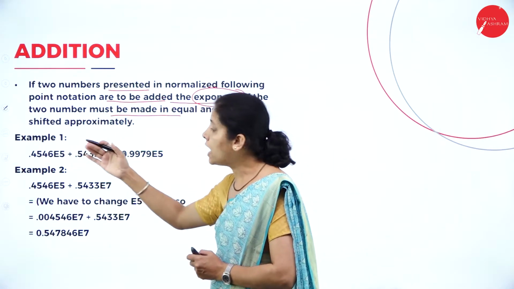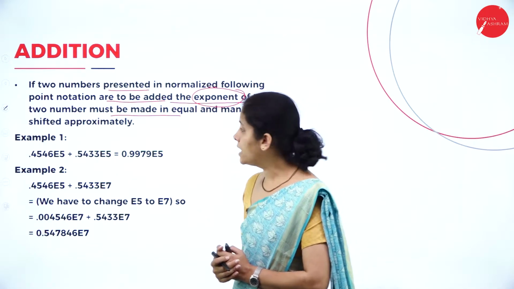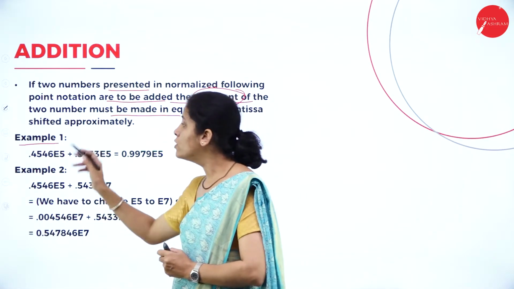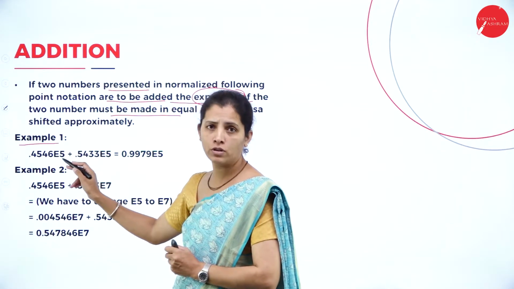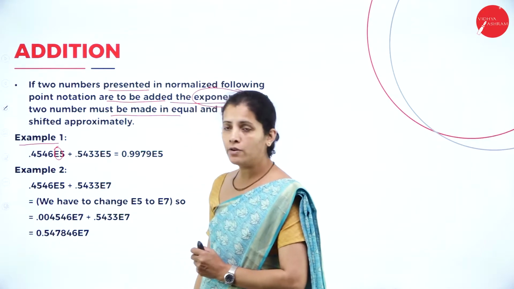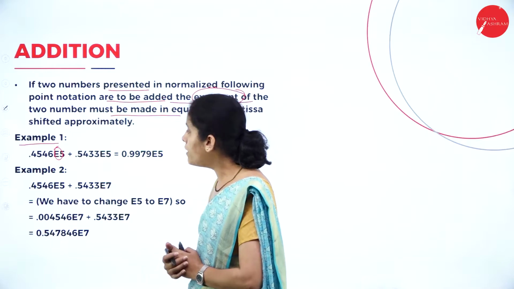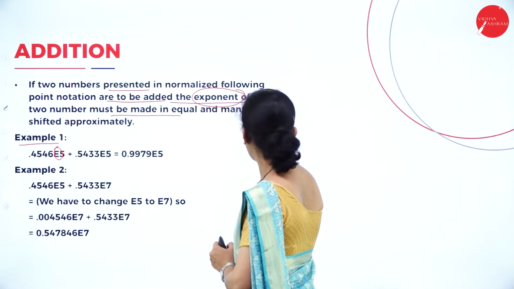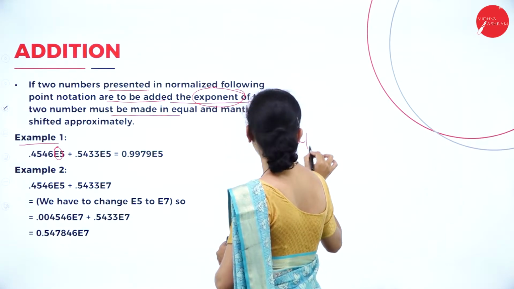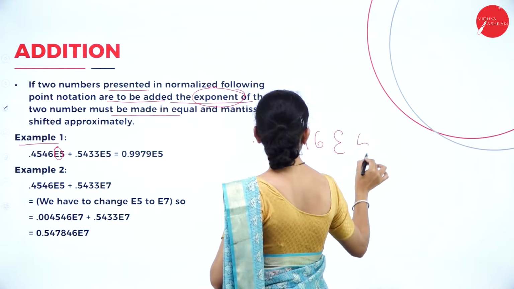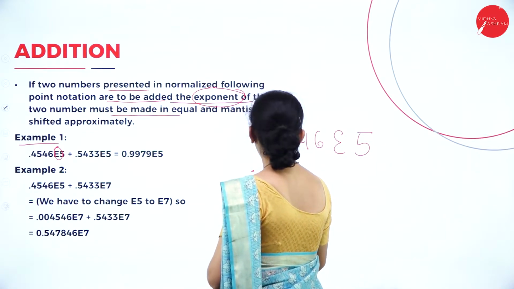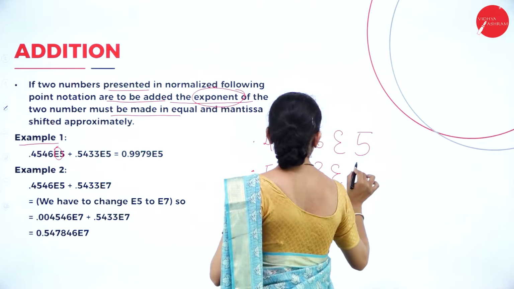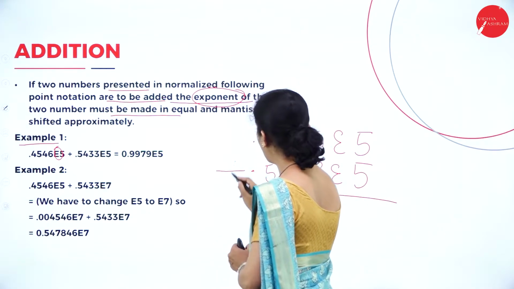So here I have some solved examples. Think that I have example 1: 0.4546 E5 plus 0.5433 E5. That is, I want to add 4546 E5 and 5433 E5.